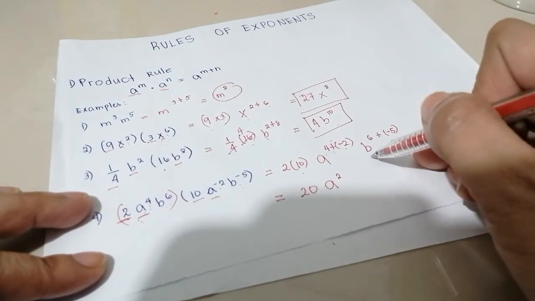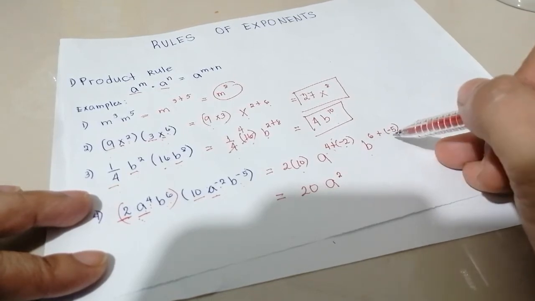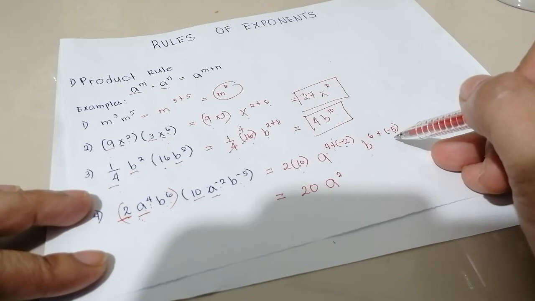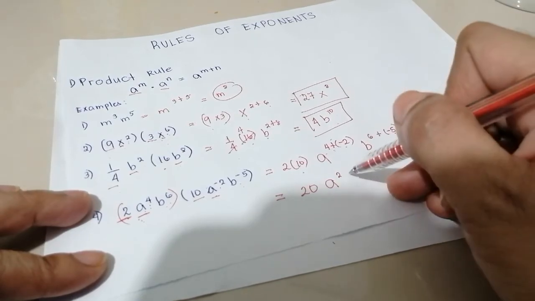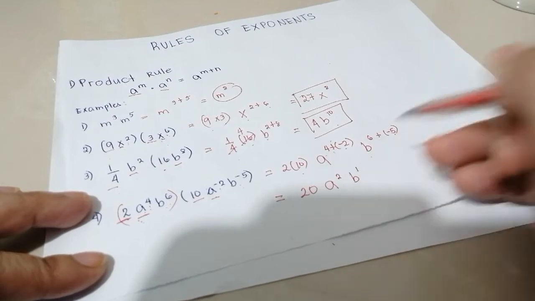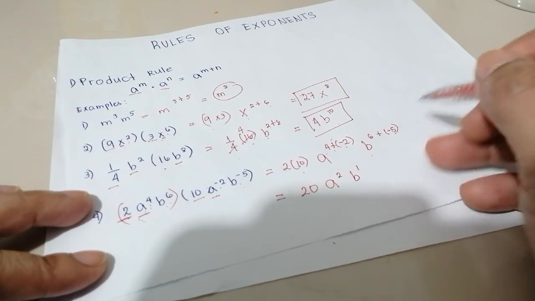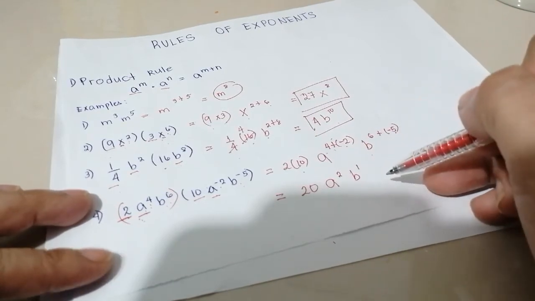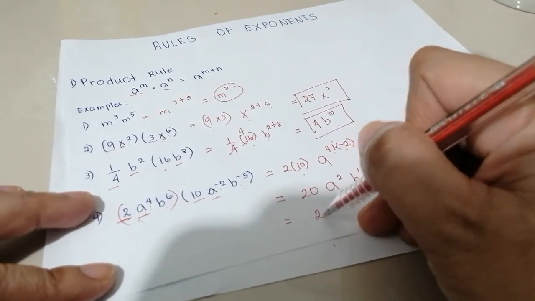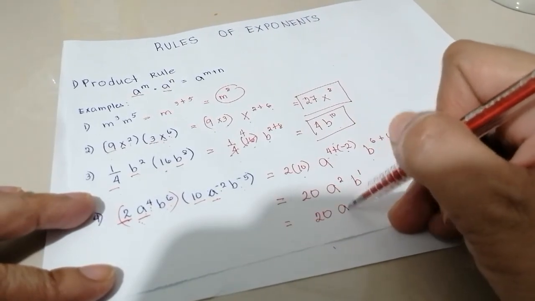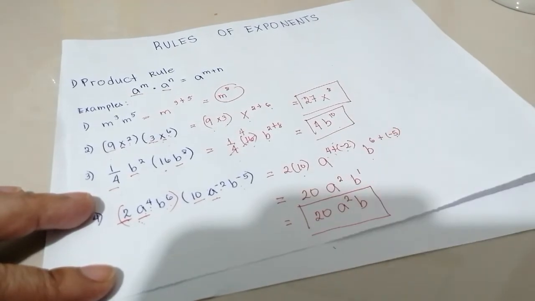Next is b, 6 plus negative 5. So, again, unlike signs sila, that's why we have to subtract. So, 6 minus 5, that will be b raised to the first power. But then, if the exponent is 1, we don't need to write it. So, rewriting this further, magkakaroon tayo ng sagot na 20a raised to the second power b. So, this will be the final answer.